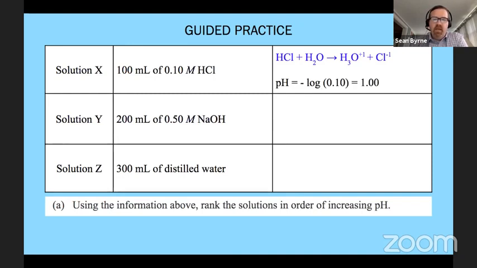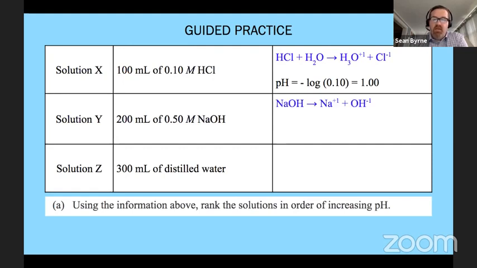That means that the pH is equal to the negative log of our 0.1 because it's a strong acid, right? So HCl will completely dissociate. So the concentration of HCl is the same as the concentration of hydroniums. So our negative log of 0.1 is equal to 1.